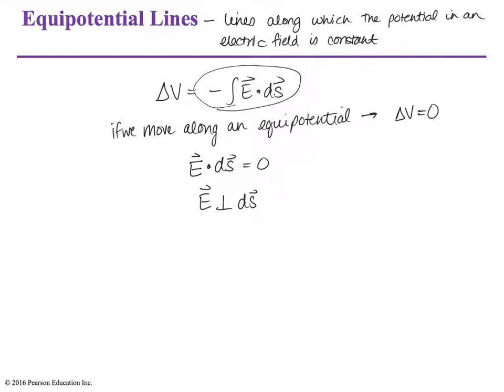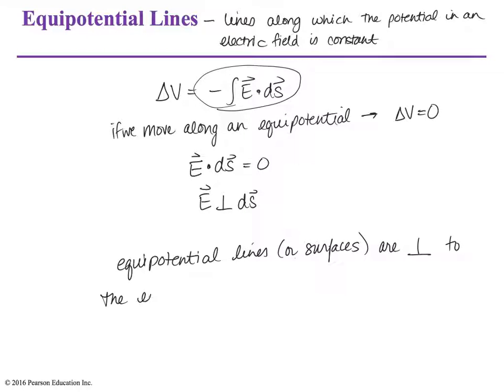And so this helps us figure out what the equipotentials are. The equipotential lines or surfaces, if we're thinking about 3 dimensions, are perpendicular to the electric field.